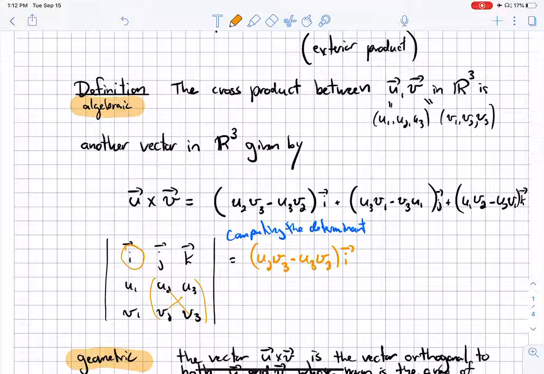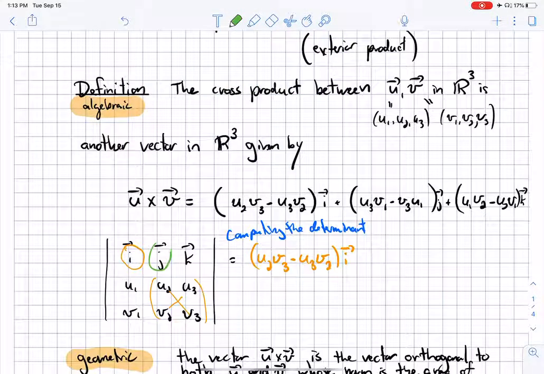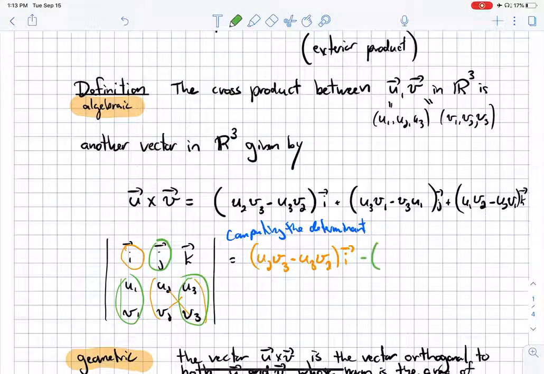So you see I have the same thing I had above. You do the same thing for j, but watch out for the second component. So for the second component, this is the matrix now. But watch out for the j, I have a minus when you compute the determinant, so I get minus u1 v3 minus u3 v1, j.